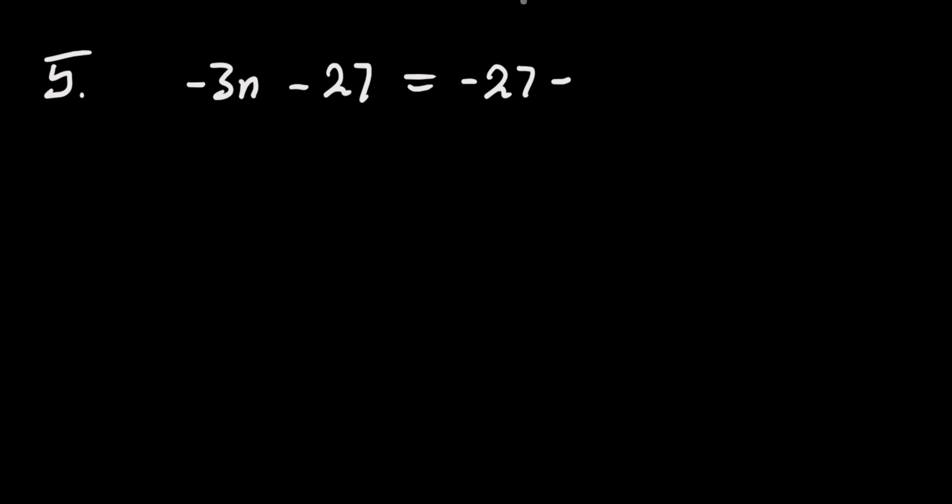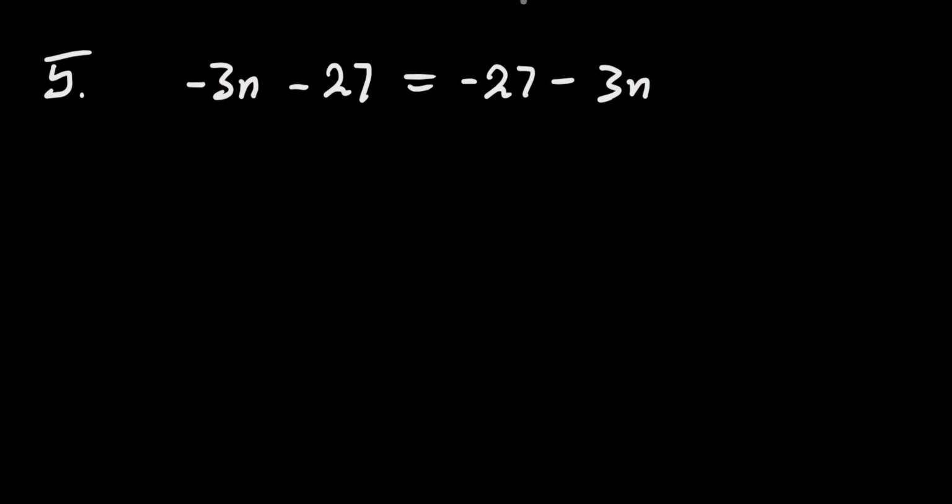Question 5. If you have negative 3n, negative 27 equals negative 27, negative 3n.